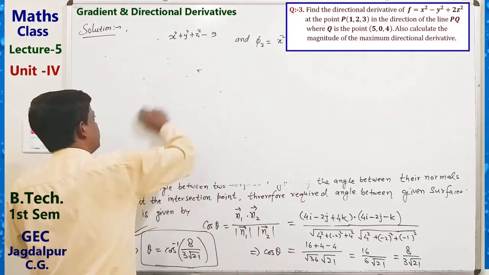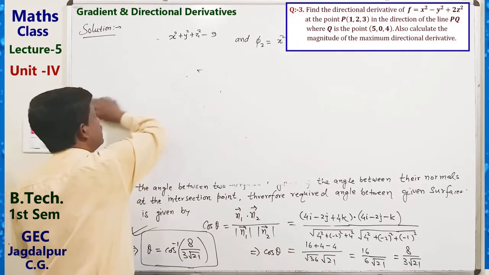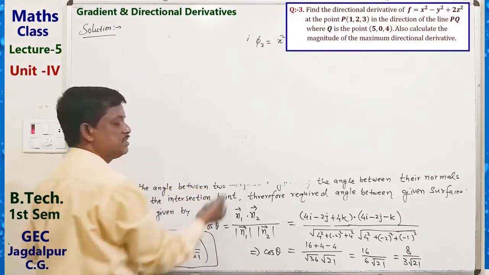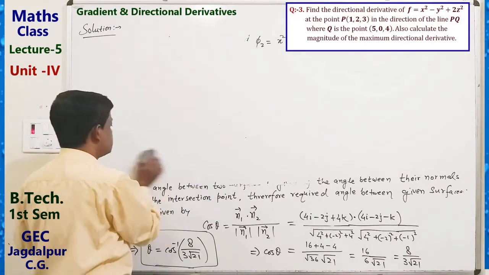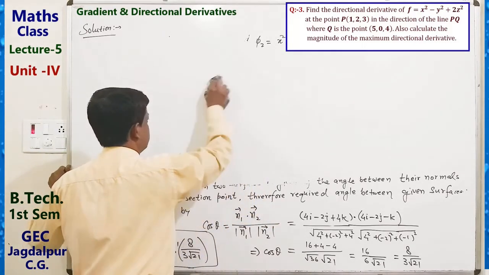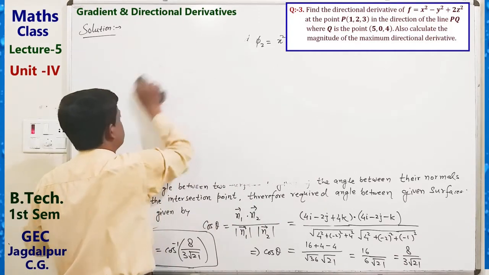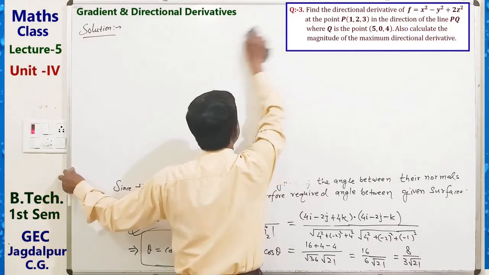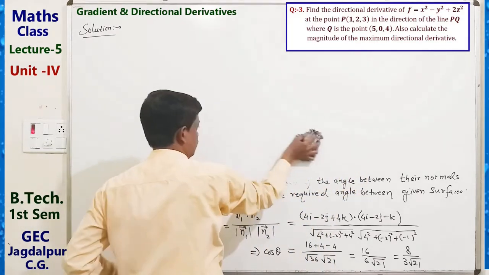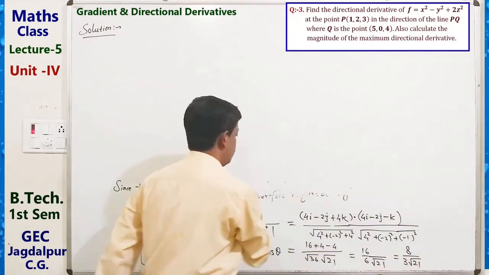Now here, first of all, we have to find the directional derivative. Directional derivative means in a particular direction we have to find it. The direction is along the line PQ, where P is (1, 2, 3) and Q is the point (5, 0, 4).